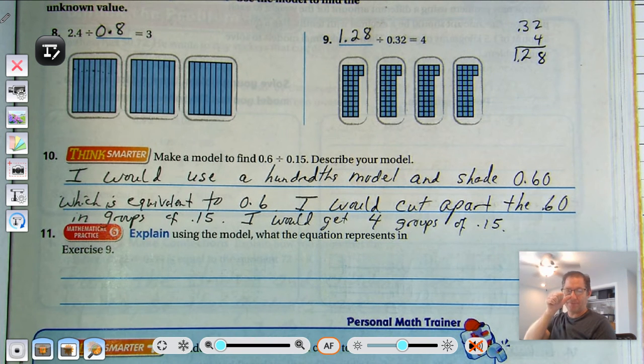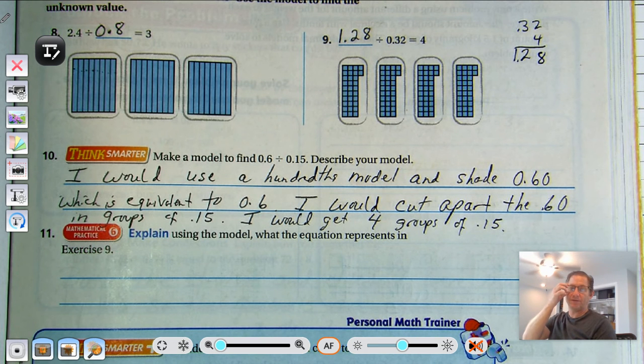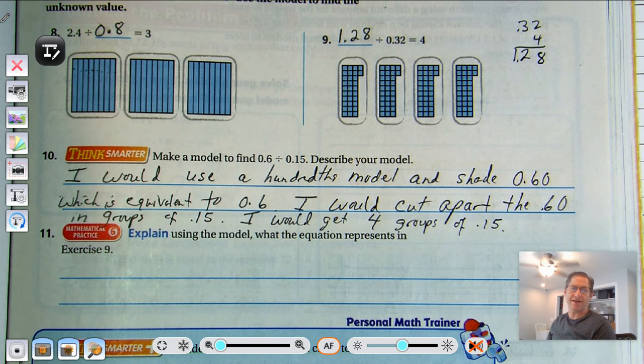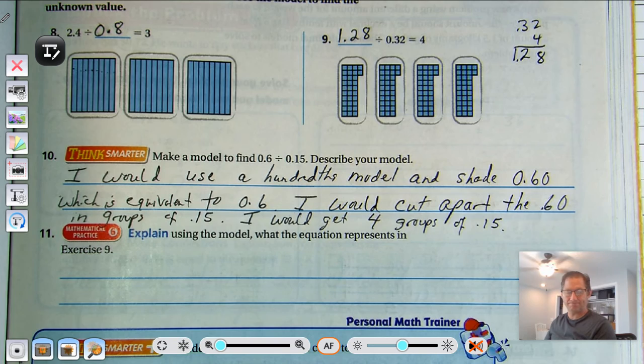On number 11, using the model, what does the equation represent in exercise 9?